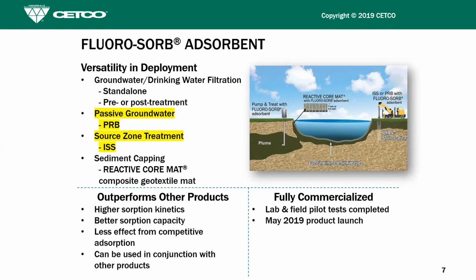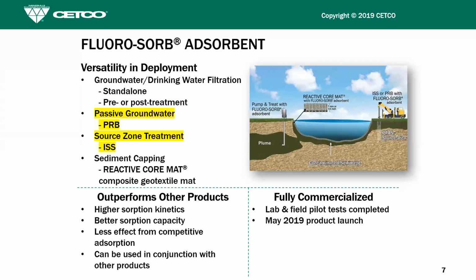It's NSF certified, so it could be used for drinking water filtration. It can be used for groundwater as pre or post treatment or by itself. What I've highlighted here is what we're focusing on today: passive groundwater treatment, as in a permeable reactive barrier, and source zone treatment, as in situ stabilization.